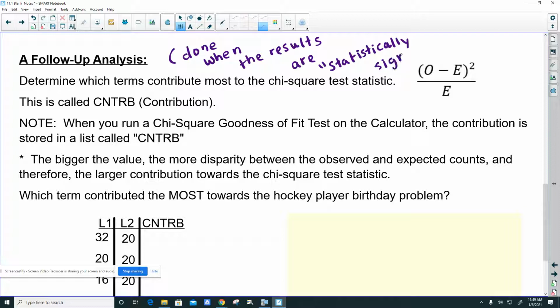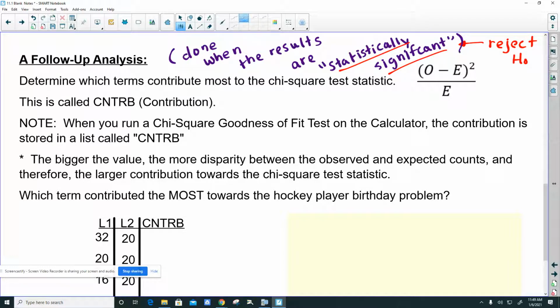And when we say that the results were statistically significant, that generally refers to the fact that the decision that you made at the end of running your SIG test was to reject the null hypothesis. So if you had enough convincing evidence to reject the null hypothesis in favor of the alternative hypothesis, that means your results were statistically significant, and the problem may then ask you to run this follow-up analysis.